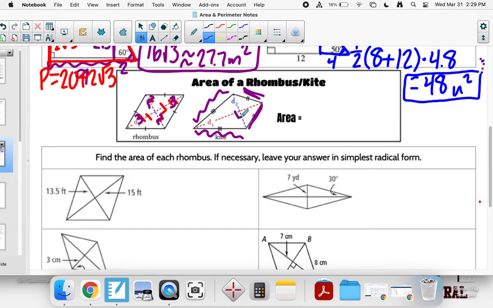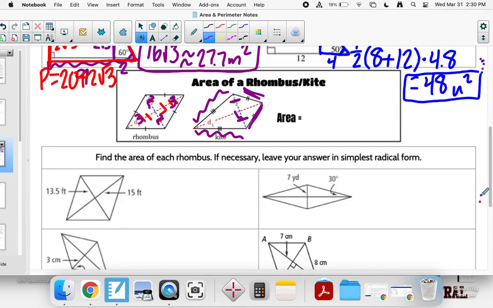The diagonal that splits the sides that aren't the same gets bisected, so those halves are the same. The other one is not bisected, so this half is not the same as that half.